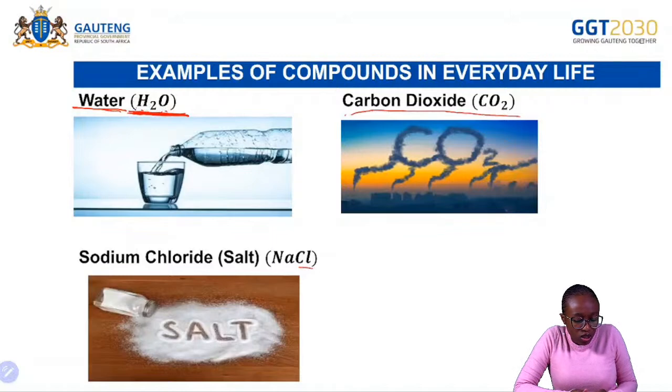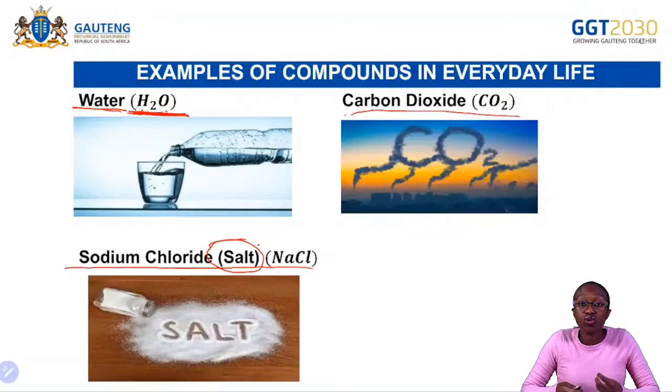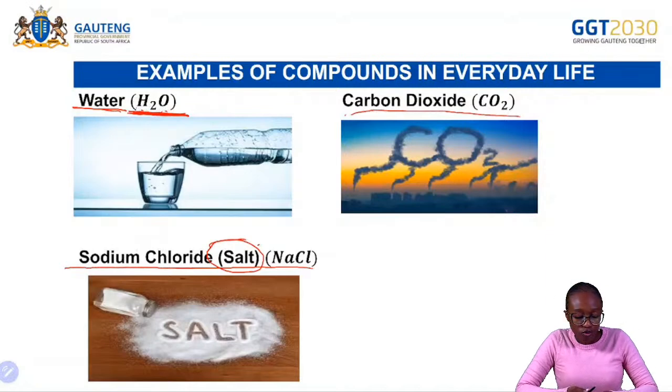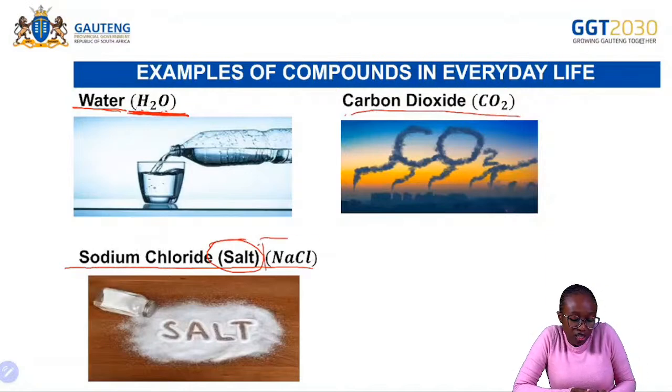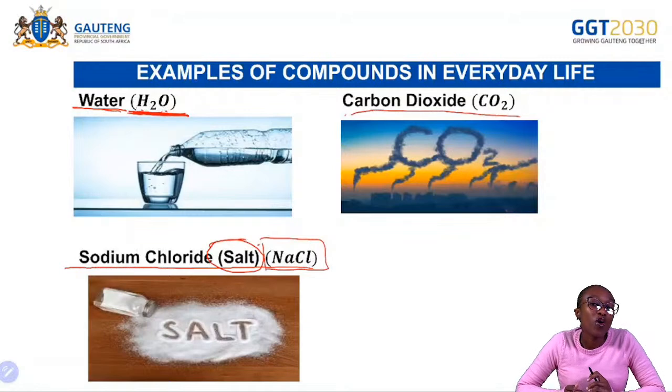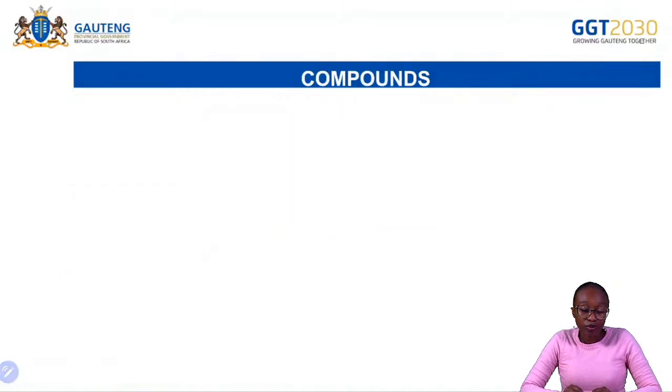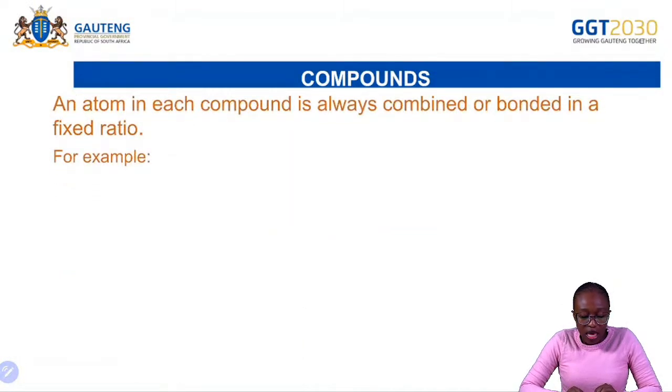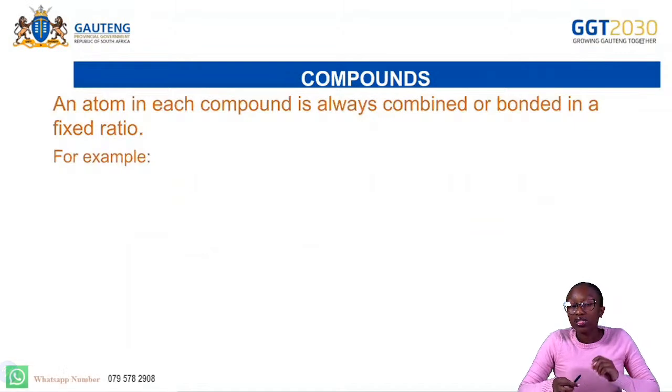And then sodium chloride, commonly known as salt. This is the salt we use to give flavor to our food or to preserve our food. The chemical name for salt is sodium chloride, the common table salt that we all use.